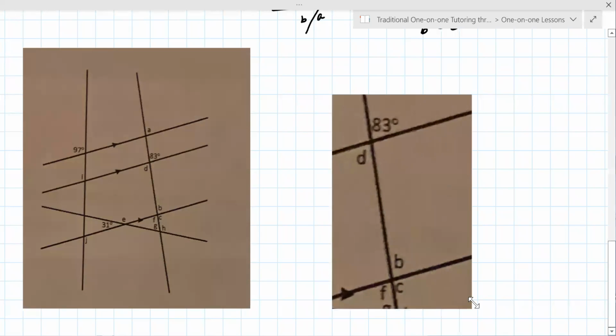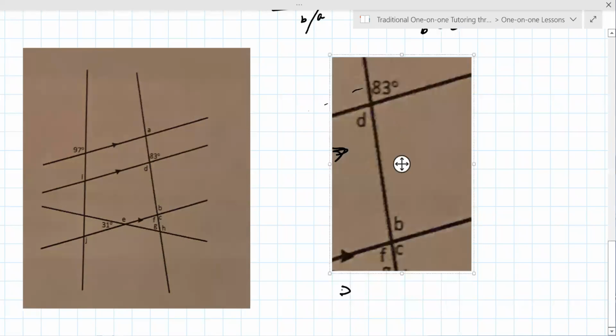What I'm zooming in on here is, all right, these lines are parallel. Yes, it's parallel to something up above here, but I don't care. I only care about these two. Why does B equal 83? B is equal to 83 because it is a corresponding angle. It sure is.